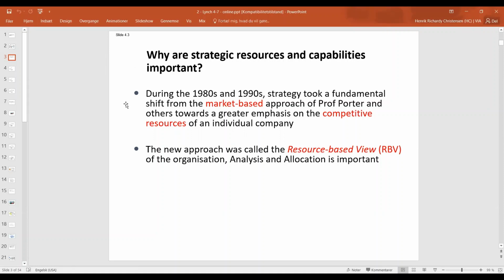Now, let's start with a little story from before the resource part actually came on. When we had this market-based approach that Michael Porter, amongst others, talked a lot about, we had a very special situation that from the Second World War and forward, lots of the time we had growth.